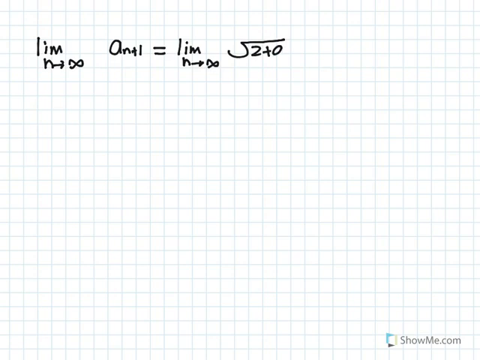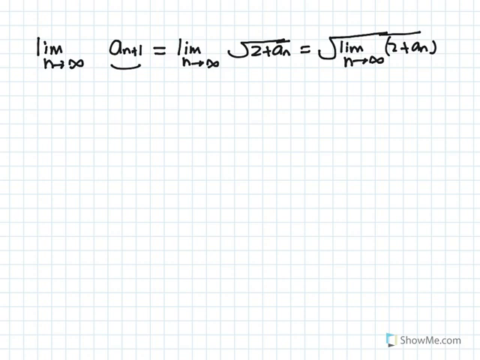So at infinity, the limit of the sequence term is just P. All right, so now we have the limit as n goes to infinity of a_{n+1} is equal to the limit as n goes to infinity of the square root of 2 plus a_n. Now let's bring the limit inside the square root.